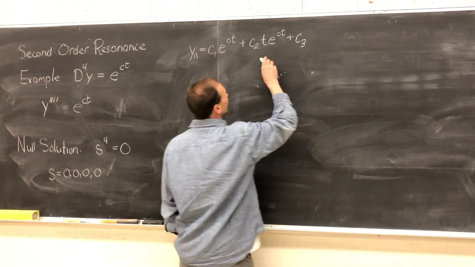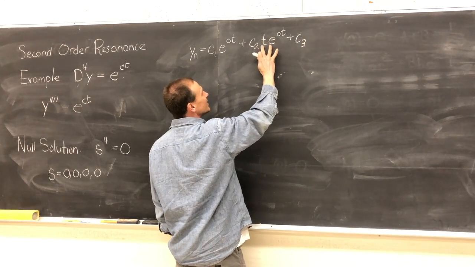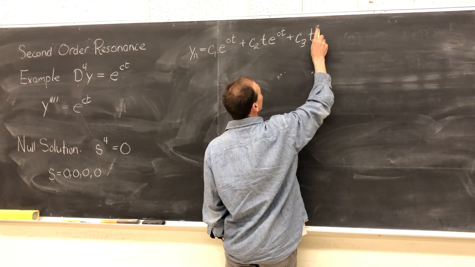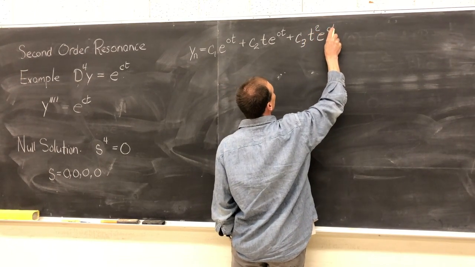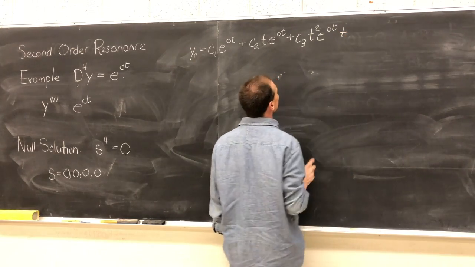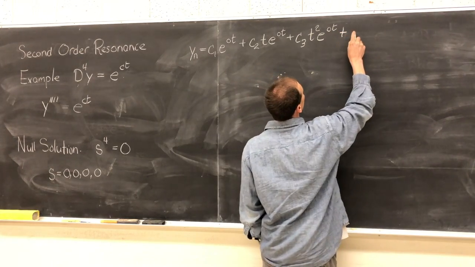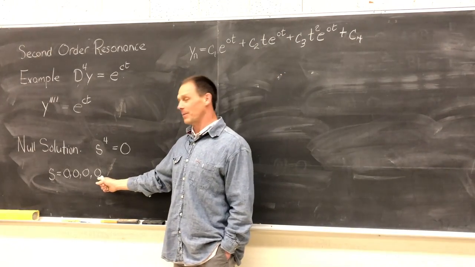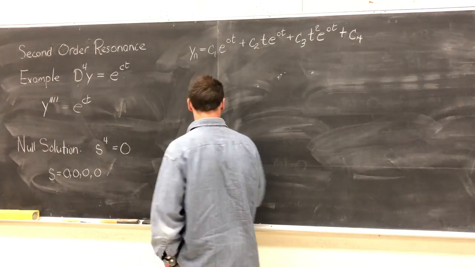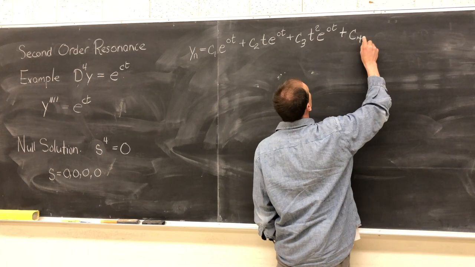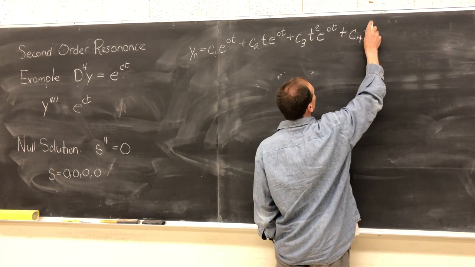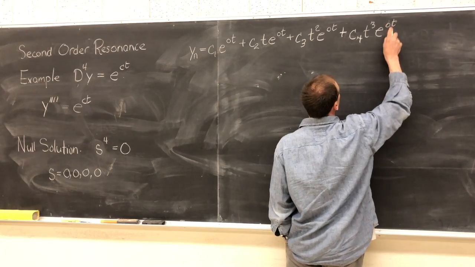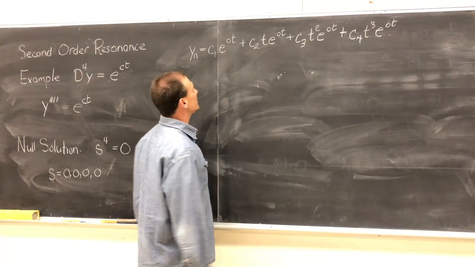Oh, wait a minute, I can't use another t, I have to use another t on that. This is t squared e to the 0t plus c4. This is my fourth 0 now. Remember, each one of these needs a solution. So this is c4, t cubed e to the 0t.